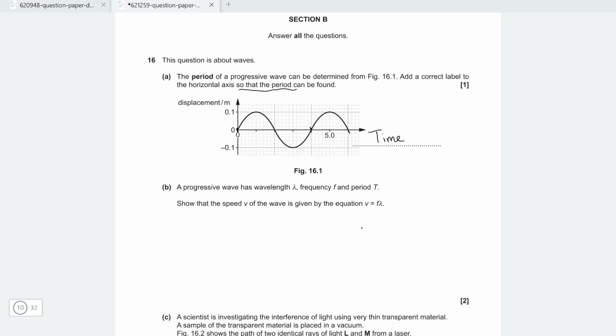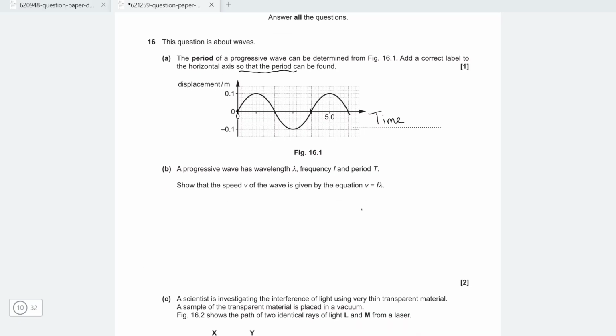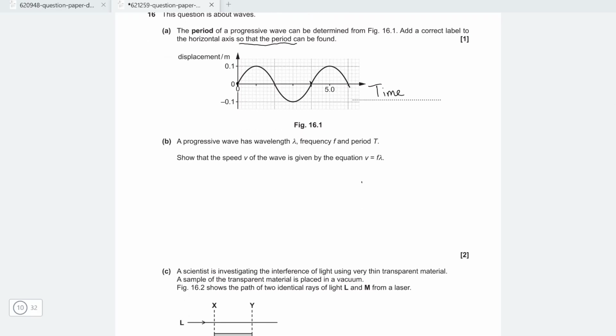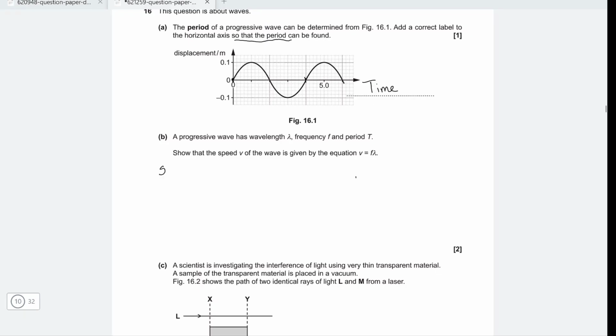Okay, so part B: a progressive wave has a wavelength lambda, frequency f, and period T. Show that the speed of the wave is given by the equation v is equal to f times lambda. Well, the speed of a wave in a given medium is constant, or tends to be constant, for instance in electromagnetic waves. So we can just use the speed in general is equal to distance divided by time.